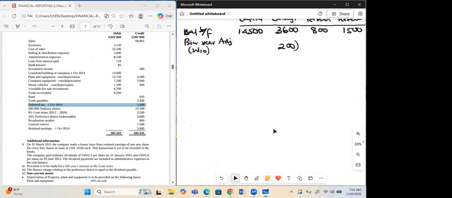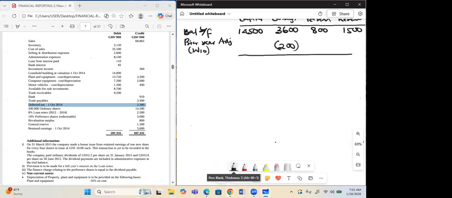Okay. So prior adjustment in working 10, 200. When you take that 200 off, you have to restate your balance before you move on.